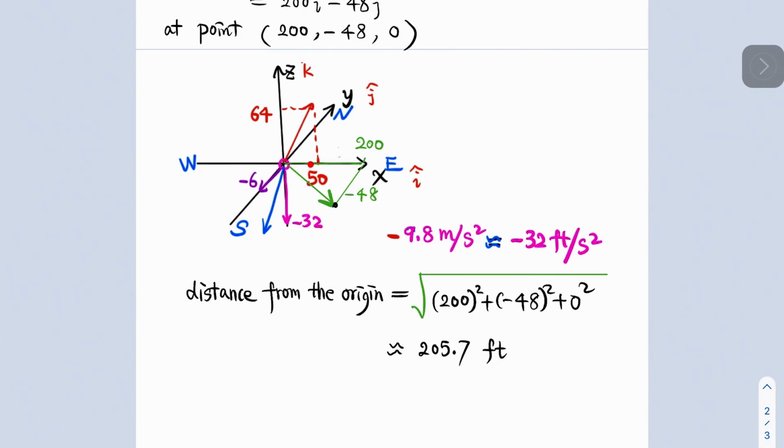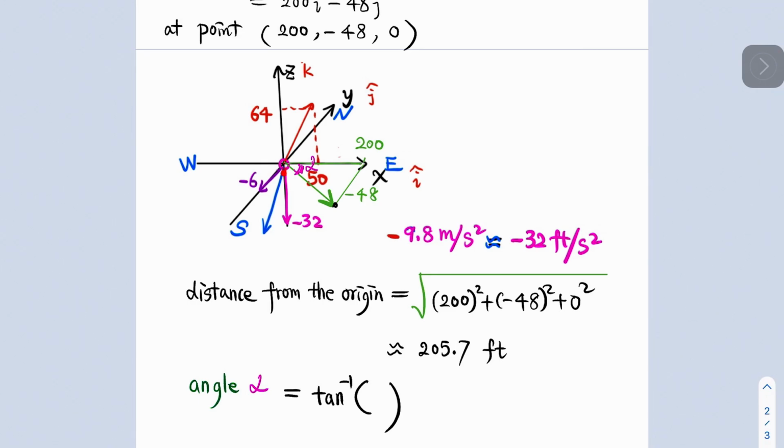We also want to find the angle between where the ball landed and the positive x-axis, which is the east direction. Let's call this angle alpha. Alpha is equal to the inverse tangent of opposite over adjacent.